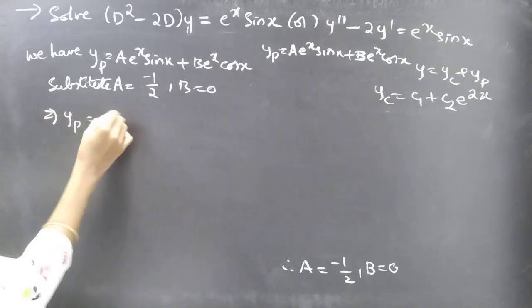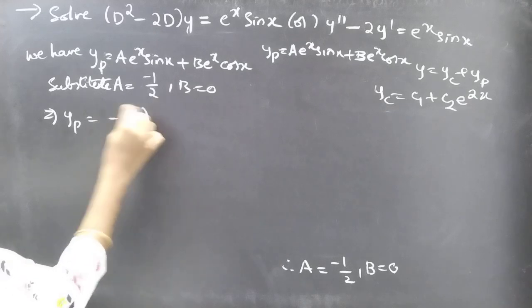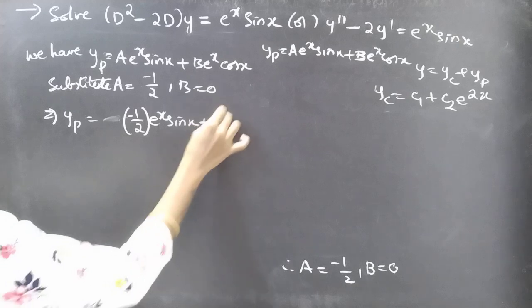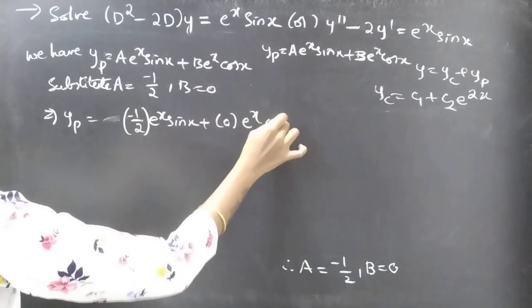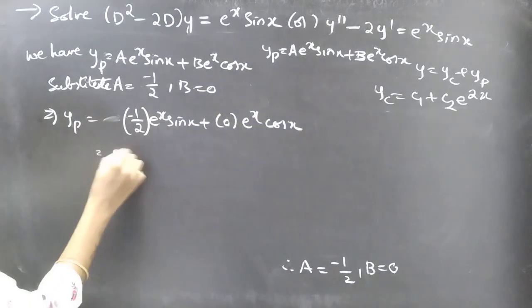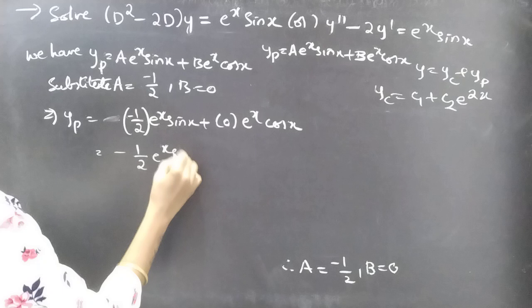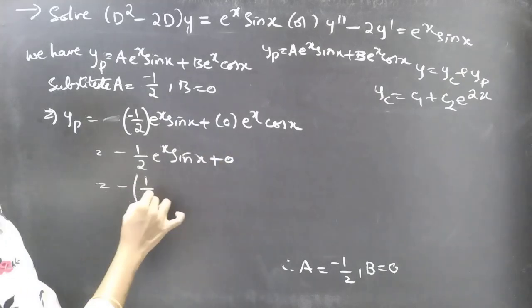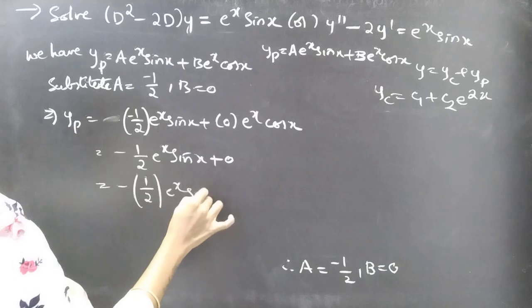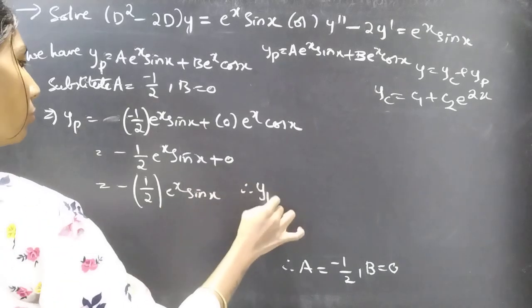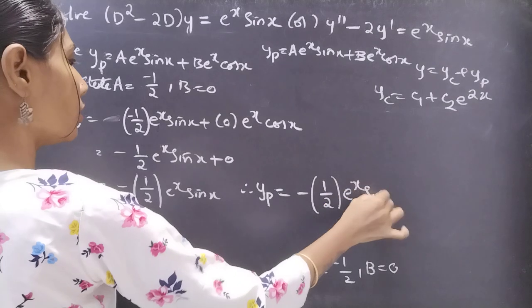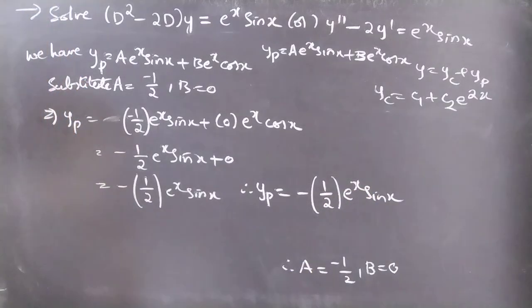Then yp becomes minus 1 by 2 into e power x sin x plus 0 into e power x cos x, which is minus 1 by 2 e power x sin x plus 0, or you can write it as minus 1 by 2 into e power x sin x. Therefore, yp equal to minus 1 by 2 into e power x sin x, right?